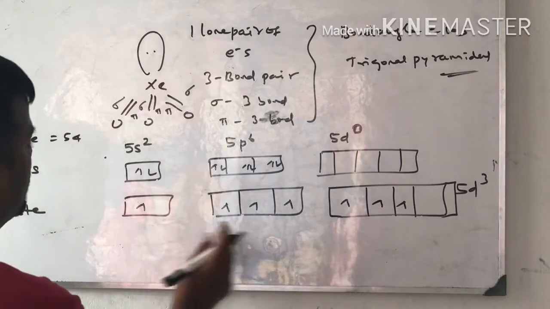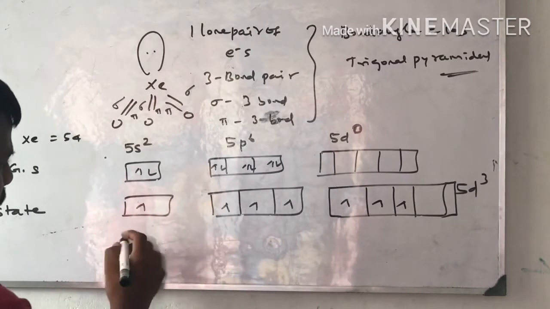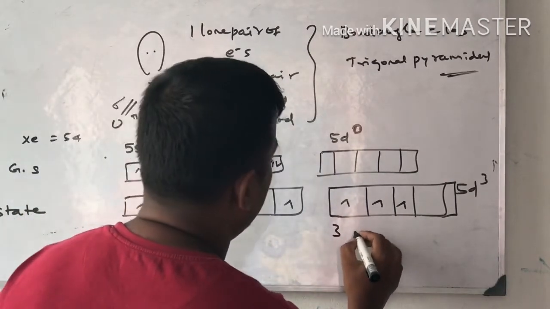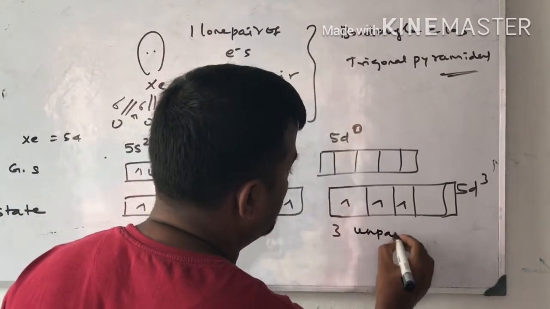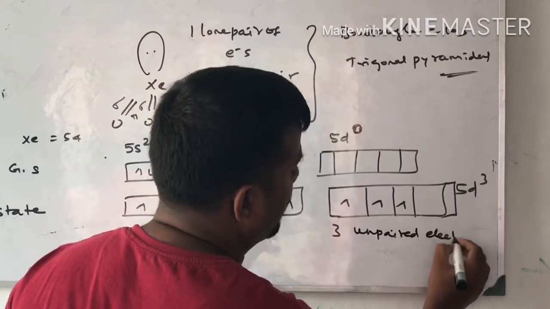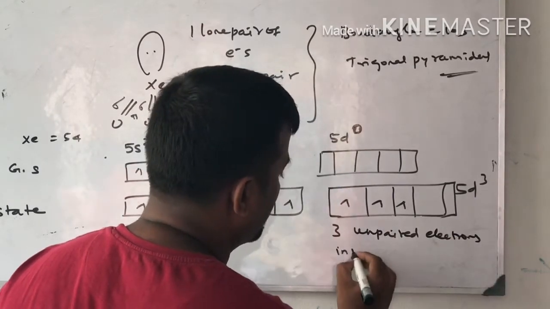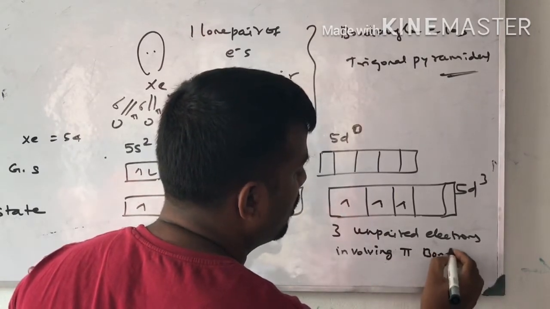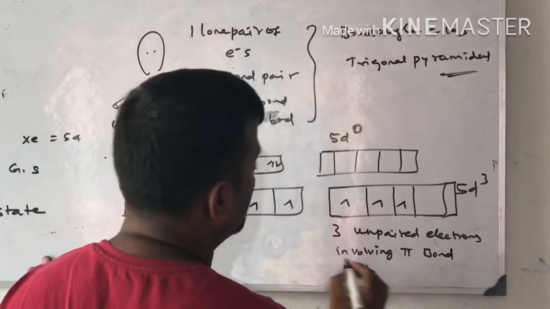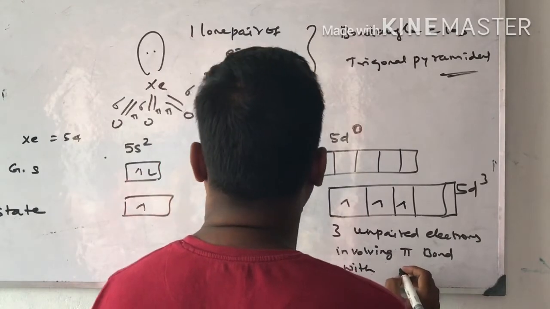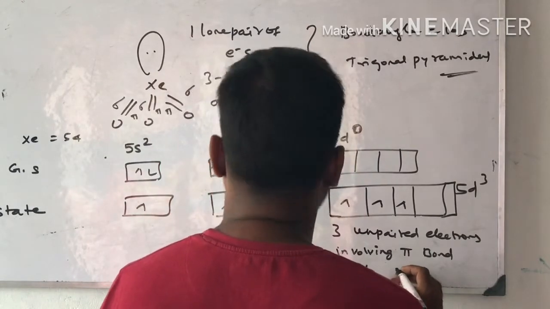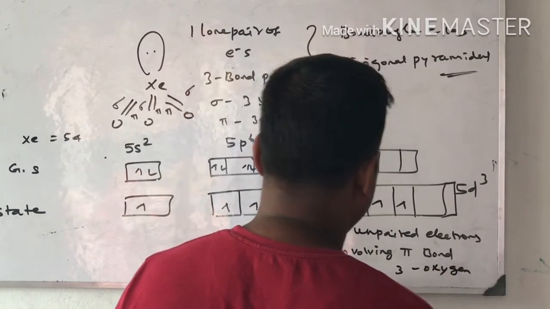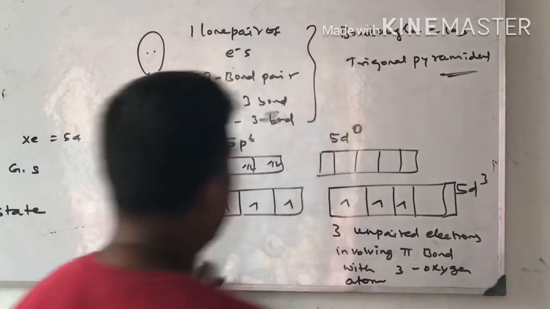Now I am going to explain the hybridization. These 3 unpaired electrons are involved in pi bonding with 3 oxygen atoms.